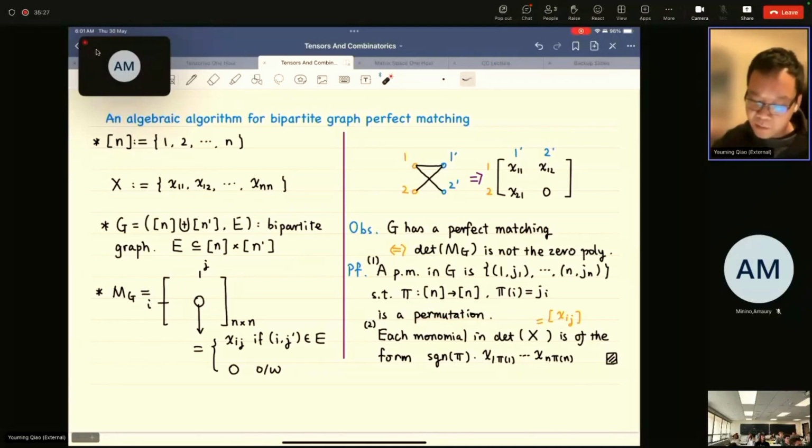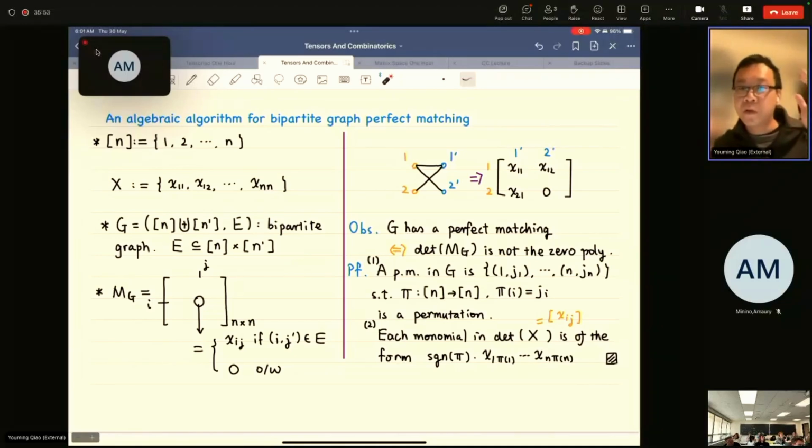On the other hand, if you expand the determinant of X, where X equals xij, a full variable matrix, then by definition each monomial in the determinant expansion is of this format. So it also corresponds to a permutation.